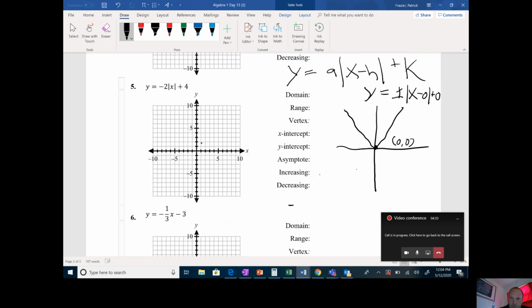But we have a little manipulation or transformation, which is a big word you guys will hear a lot in geometry. It's shifted or transformed. In this case, up 4 units. So 1, 2, 3, 4.